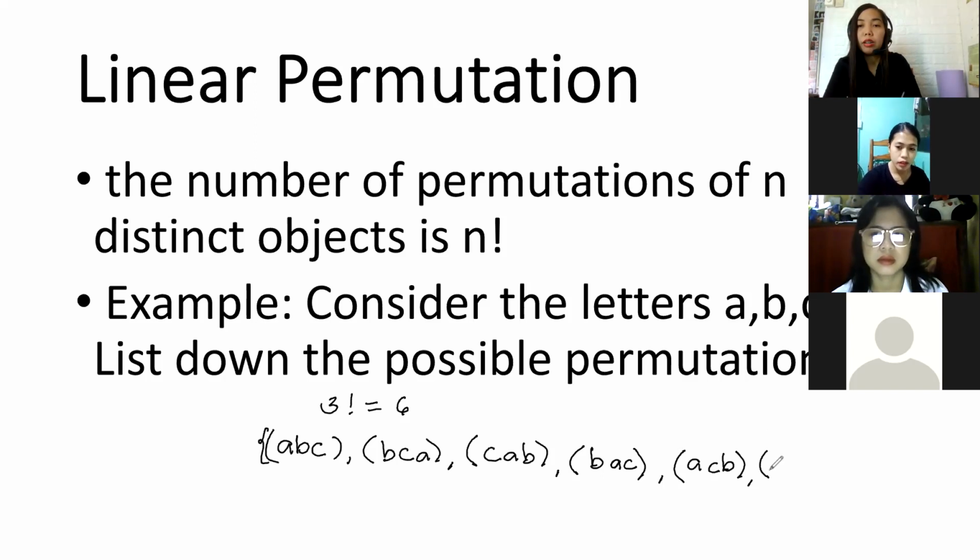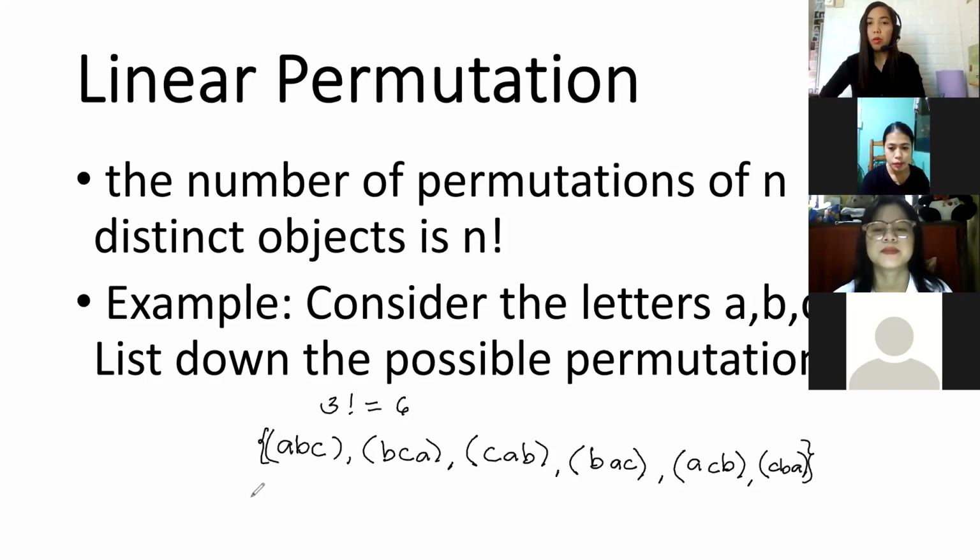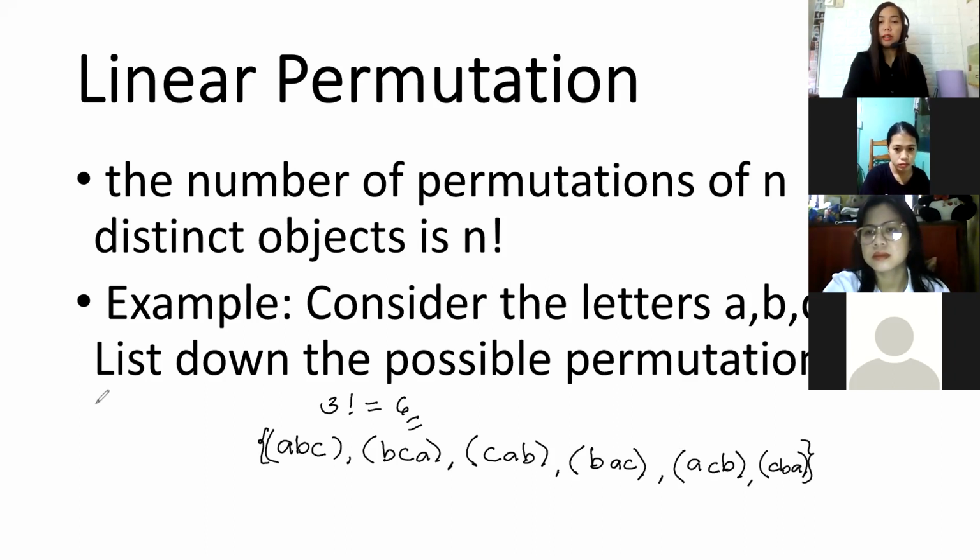CBA. Those are the possible permutations when we arrange the letters ABC, wherein we can easily determine how many possible permutations by using linear permutation.